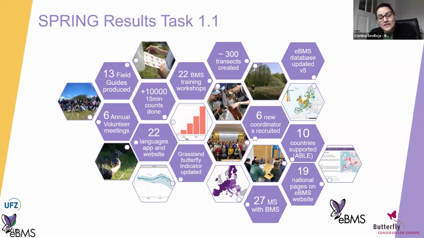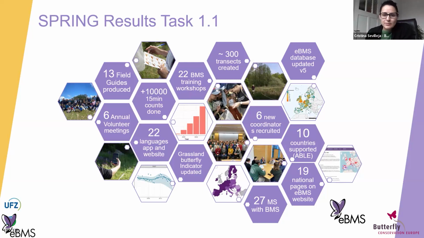And just as a summary, I wanted to show you this nice visual graph of the different achievements that we have been making, because I think it's important to look back and see how much we have approached. It's incredible: the 27 member states with running schemes, a lot of capacity building with training workshops, updating languages, volunteer meetings, and more.